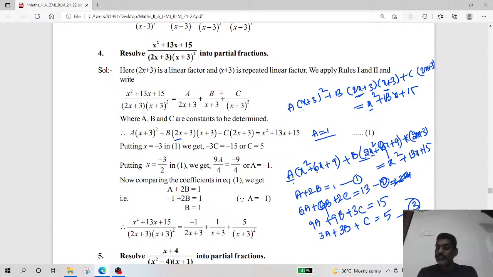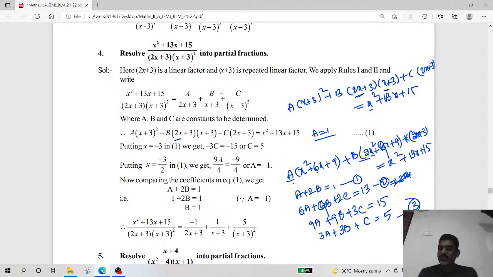So in this situation, especially for this kind of question, we can take the help of placing x values. That will help us get at least one value of a or b or c. If you get at least one value, then easily we can get the remaining values.